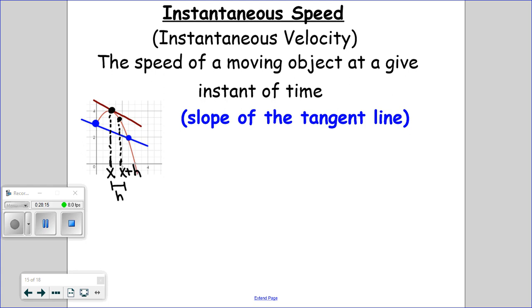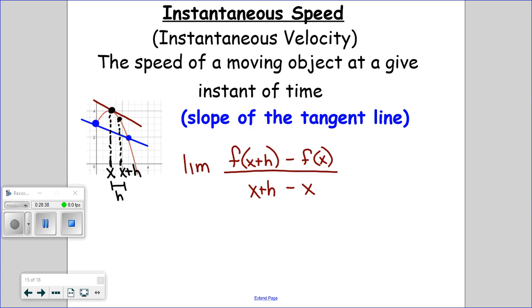So the two points would be this: the function at the second point, x plus h, minus the function at the first point, over my two x values, x plus h minus x. But I want h to practically become 0, and the way I do that is, instead of just using the slope, to make it the limit as h approaches 0. I want h to become negligible.